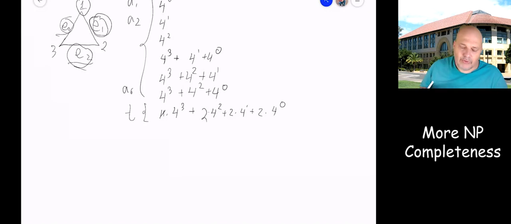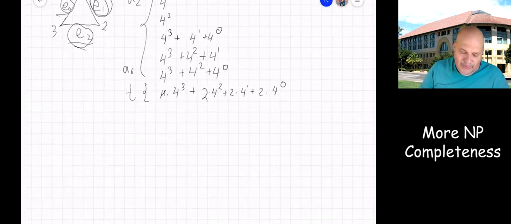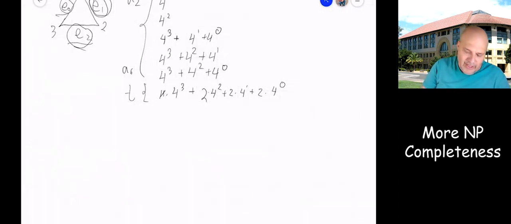And for that, I want to view all of this as numbers in base 4. It's not exactly right, but it's almost correct, and it's a very useful analogy. So let's think about the different places that we are going to have: 4 to the 3, 4 to the 2, 4 to the 1, and 4 to the 0. And let's see the vertex numbers.